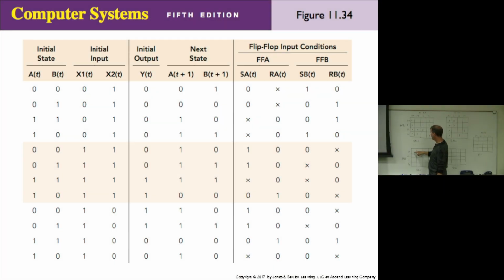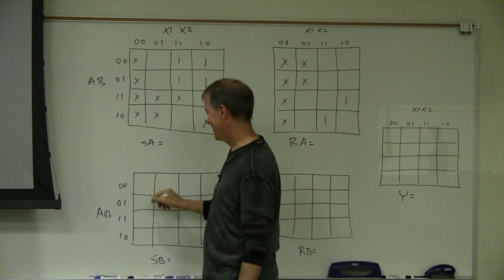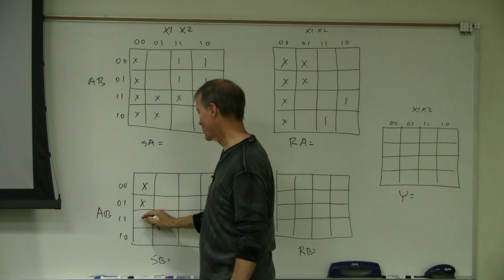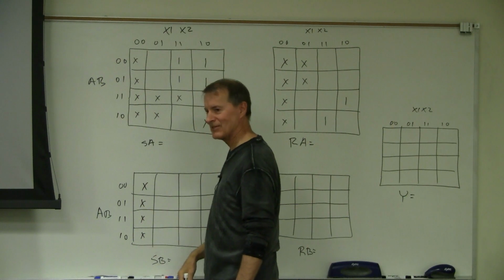Input of 0, 0 for x1, x2. Yeah, 1, 0, 0. I think you have a challenge. You want to challenge that? What do you think? Next. Oh. Yeah, those don't occur. That's the don't care condition all the way down.